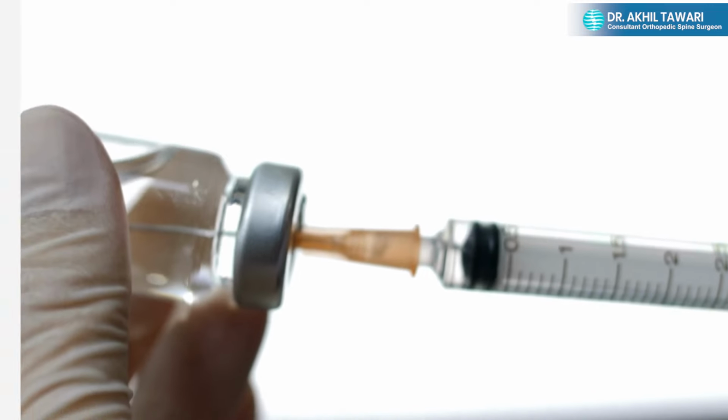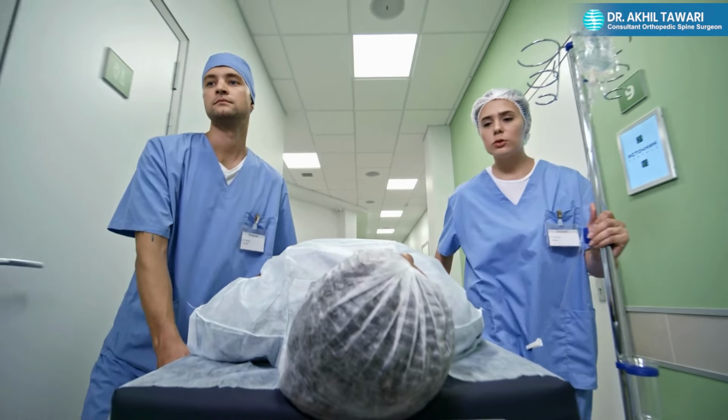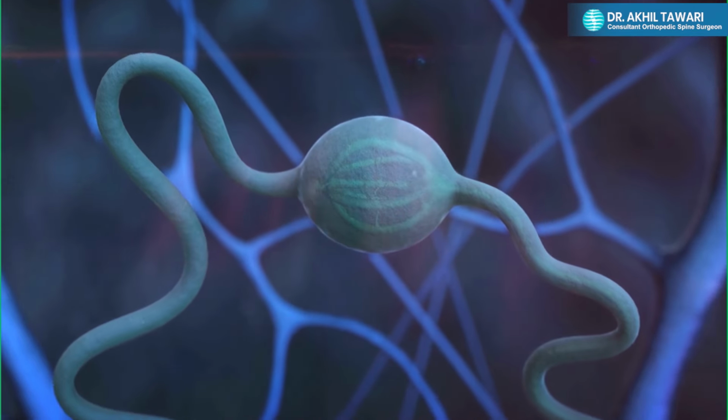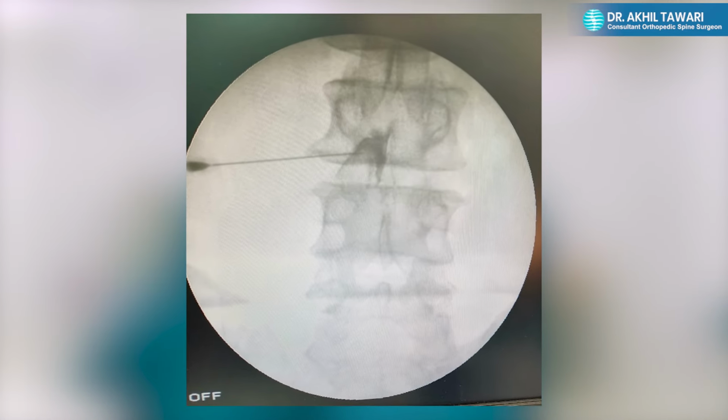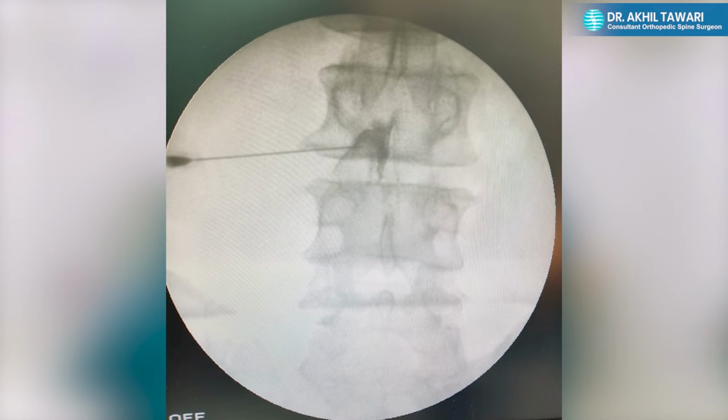That essentially is calming the nerve by injecting a local dose of steroid and local anesthetic around the inflamed nerve. This is a straightforward procedure in which the patient is taken into the operation theater. We isolate the nerve with the help of a dye, and then we inject the steroids around that nerve. A percentage of patients do get better with local steroids.